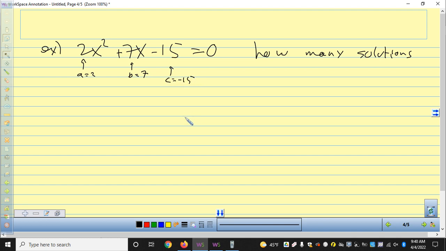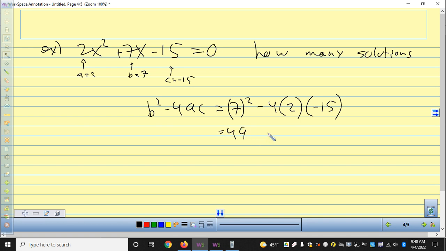So we're going to use the discriminant. b squared minus 4ac is 7 squared minus 4 times 2 times negative 15, which is 49 plus 60.